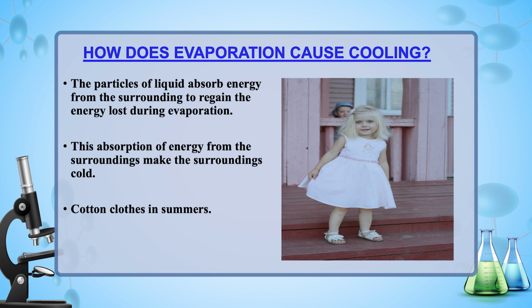The heat energy equal to the latent heat of vaporization is absorbed from the body, leaving the body cool. Cotton, being a good absorber of water, helps in absorbing the sweat and exposing it to the atmosphere for easy evaporation.